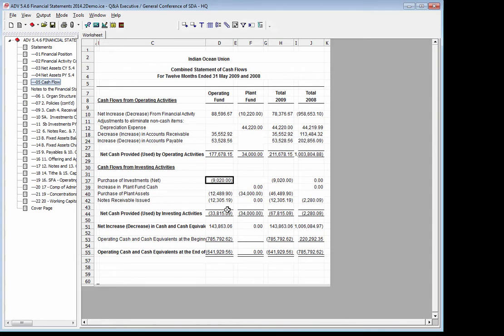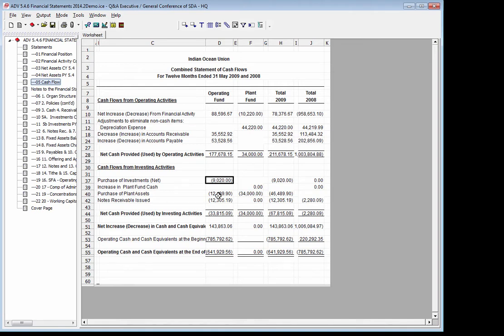Okay? But if there were any other debits into those accounts, they will show up here as purchase of investments. So let's think about that. If we've disposed of a plan asset and we made a mistake in recording the disposal and we debited the plan asset account, that debit shows up here as a purchase.